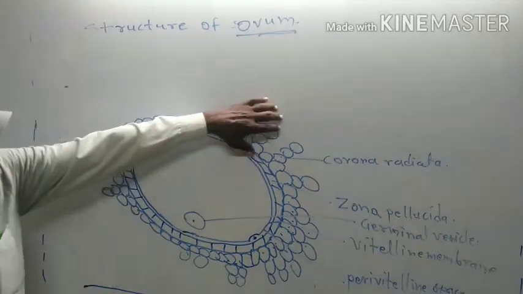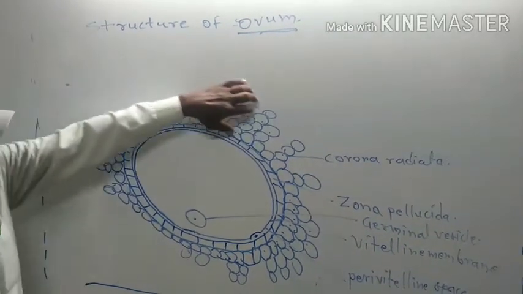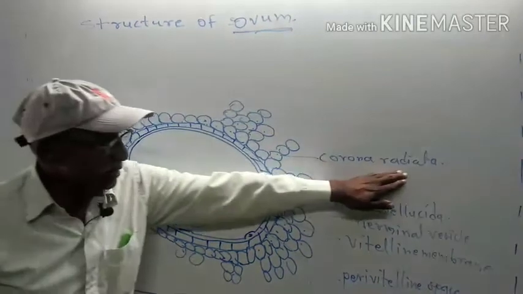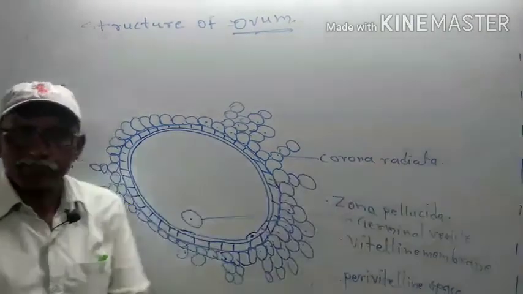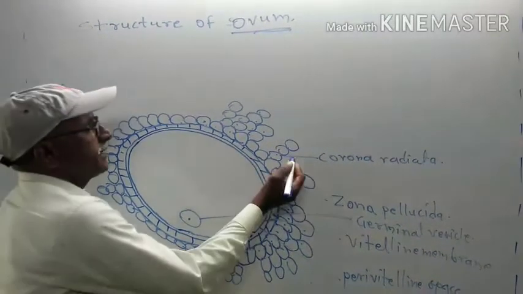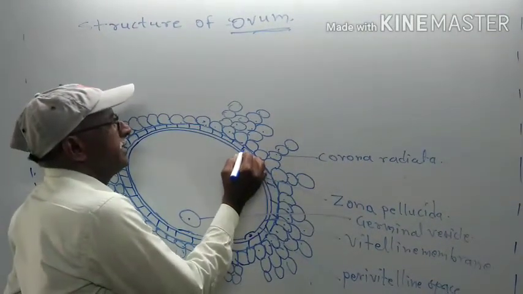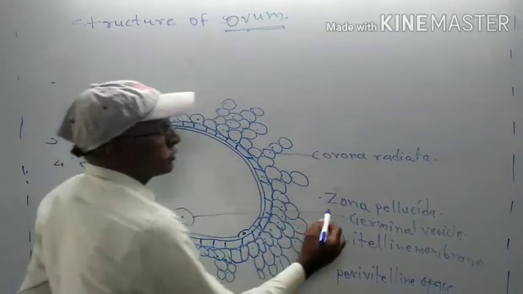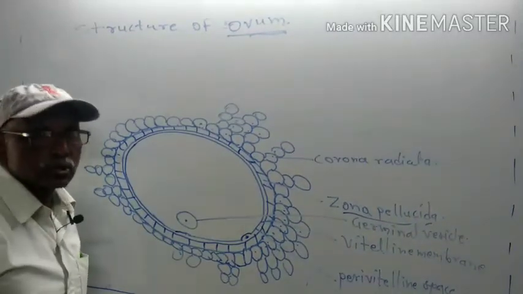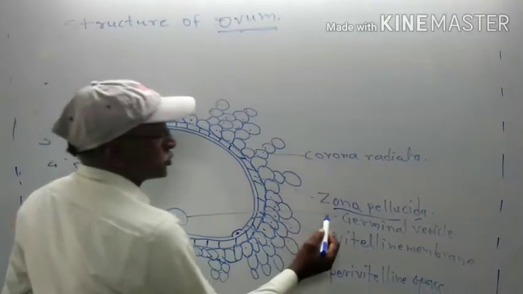Outside the ovum, there is a layer of cells. That is called what? Corona radiata. Then inside the corona radiata, there is a layer. That is called the zona pellucida.